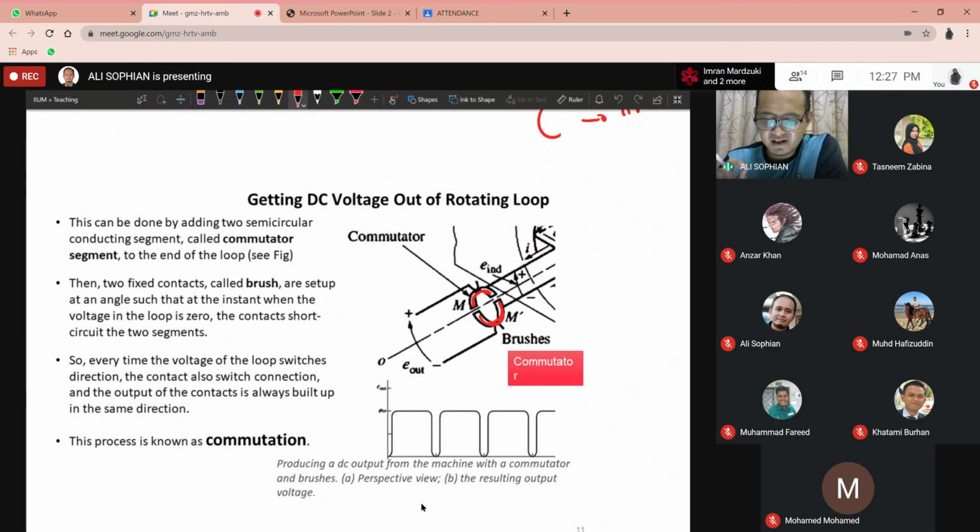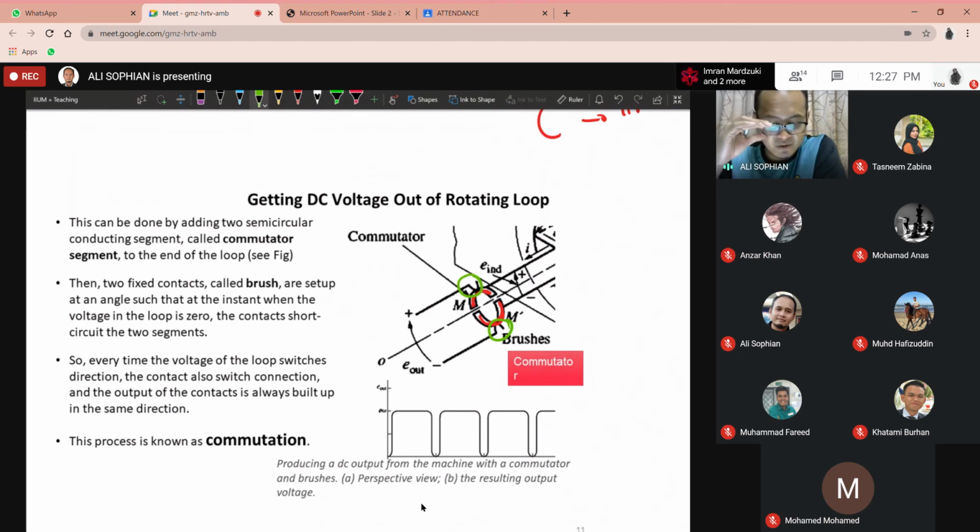Each end of the loop is connected to one commutator segment. And then you've got two fixed contacts, which are called the brushes, and they are making contact to the commutator segments.